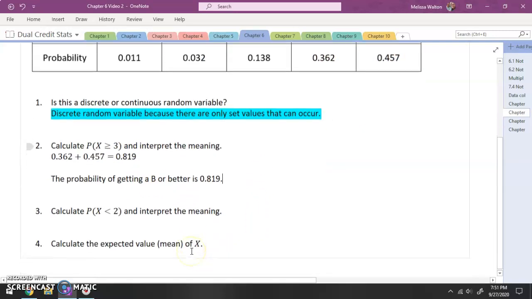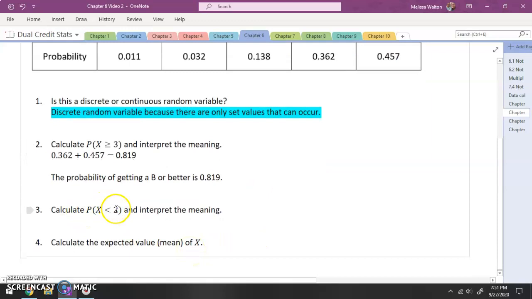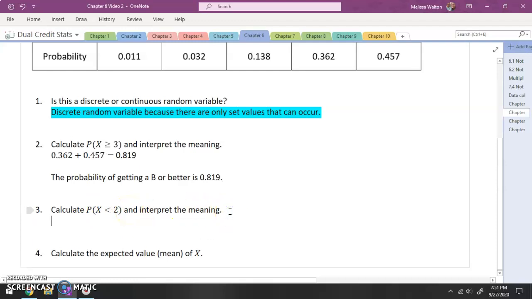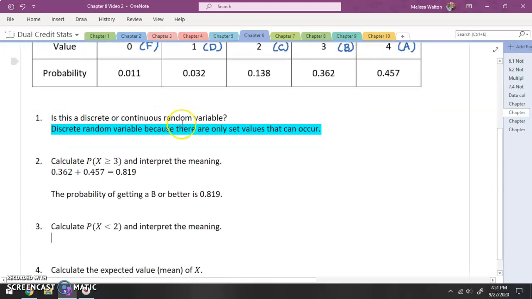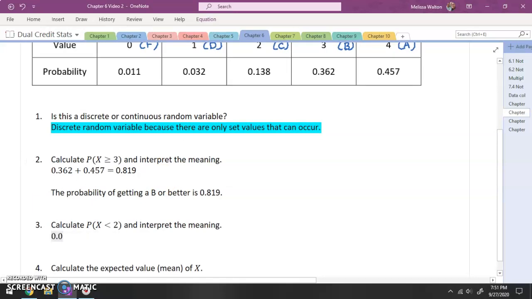All right, so next problem, calculate the probability that X is less than 2. Well, we do not have that equal sign there, so I only want the values that are less than 2. So in this example, we are adding up the probability of a 0 and a 1. So for this, we have 0.011 plus 0.032. And when I add those two together, we end up with 0.043.